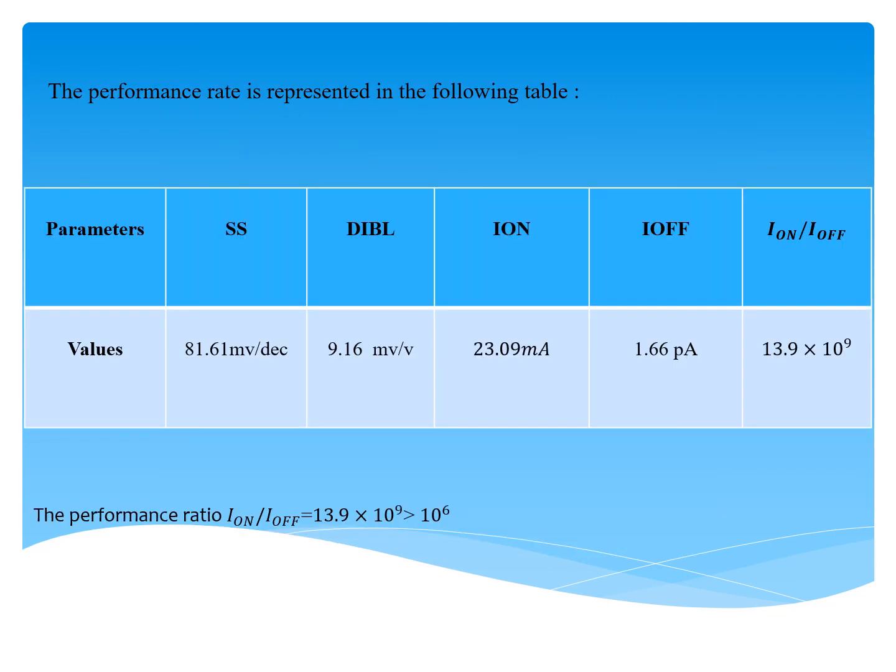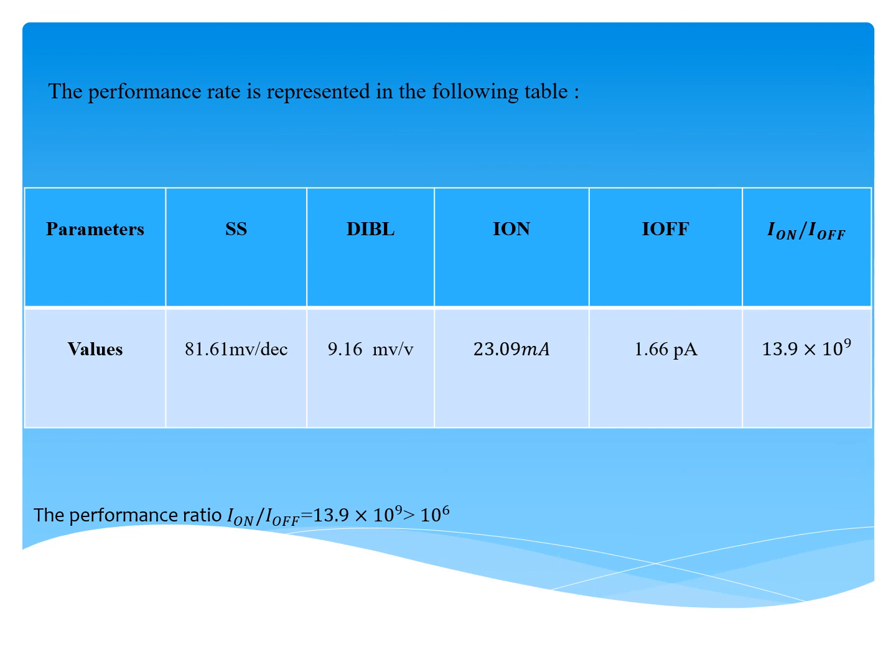To study the performance of the device, we need to calculate different parameters such as DIBL, on current, off current, and the ratio of on current to off current. The performance values are represented in the following table. First, SS, 81.61 millivolt per decade. DIBL 9.16 millivolt per volt.